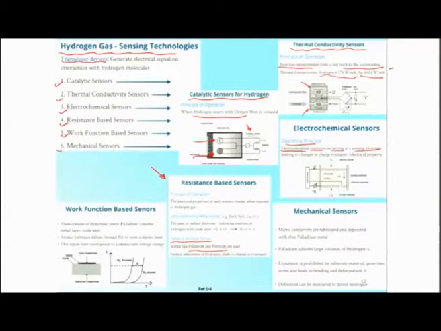So, there are either metallic resistance sensors like palladium and platinum, which work on the basis of surface absorbed hydrogen leading to a change in electrical resistance, or there are semiconducting metal oxides like zinc oxide, germanium oxide, tungsten oxide, etc., which work on the principle that there are defect states on these oxides which would get equilibrated with the hydrogen because it is reducing in nature, and it will result in a change in the band gap.